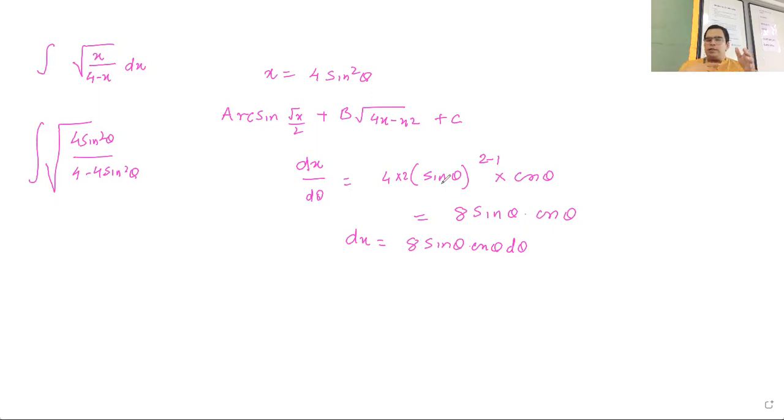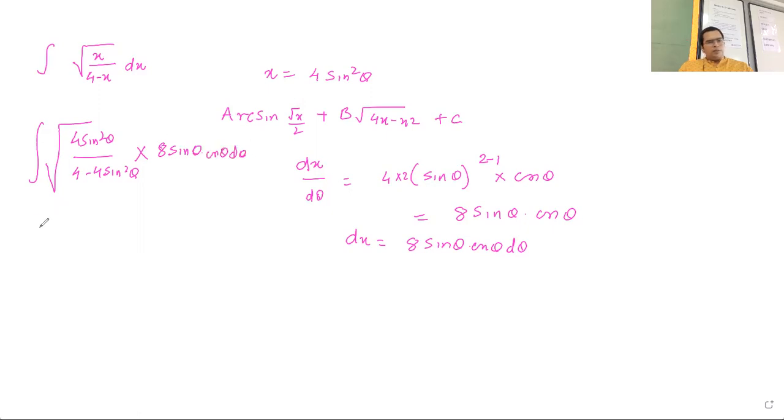If you replace dx with d theta, your entire step marks are gone, and you hardly get any marks for this. So in place of dx, I put 8 sine theta cos theta d theta.